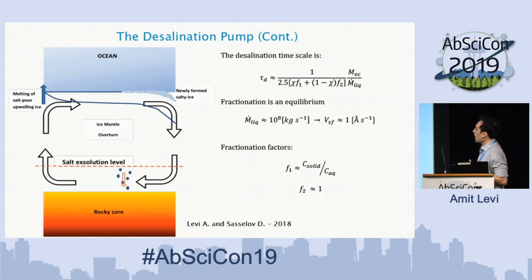So on the one hand, you have relatively pure water coming out and you have salt coming in, so there's a pump that may actually start to desalinate the ocean over time. And we calculated the time scale for this desalination process. It depends on the fractionation factor of ions between liquid water and high pressure ice and the melting rate.